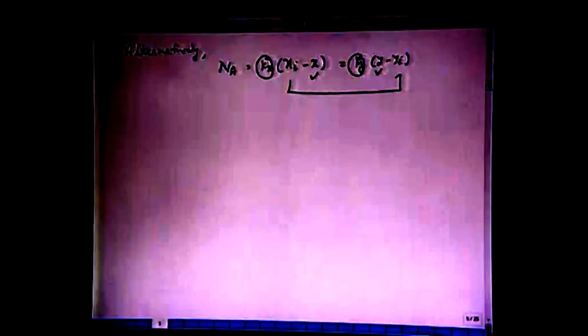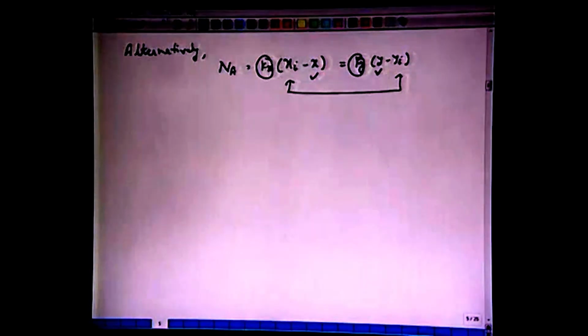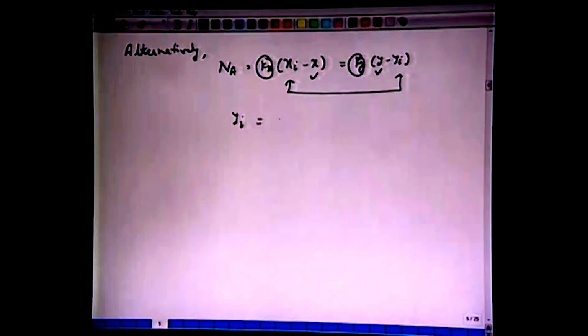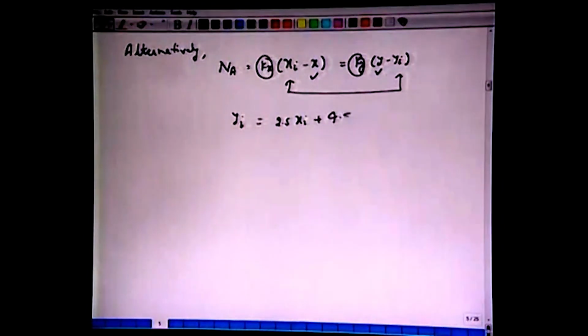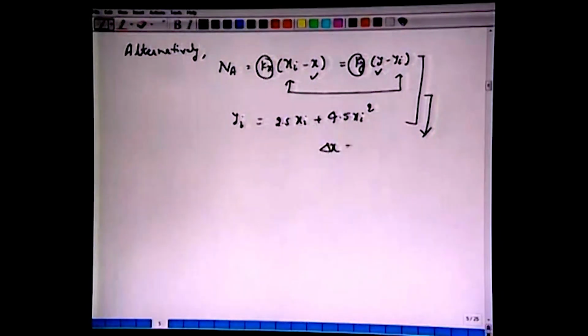Yi and xi we are supposed to calculate. So, we have one equation, and we have another equation, the equilibrium curve, yi equals 2.5 xi plus 4.5 xi square. So, now you can imagine solving these two equations analytically may be cumbersome, but as an exercise, you must solve to get the same results for del x and del y as the driving force here. All right. So, again here we have made a point that there are certain classes of problems which you can solve very conveniently graphically. Okay.